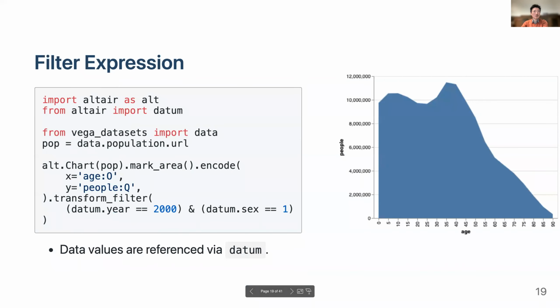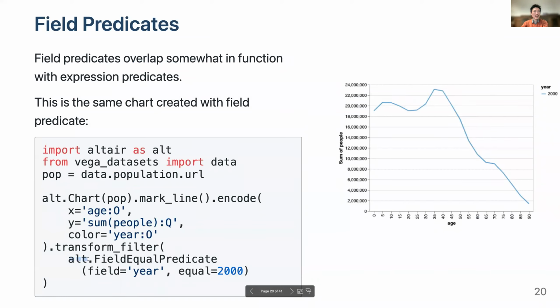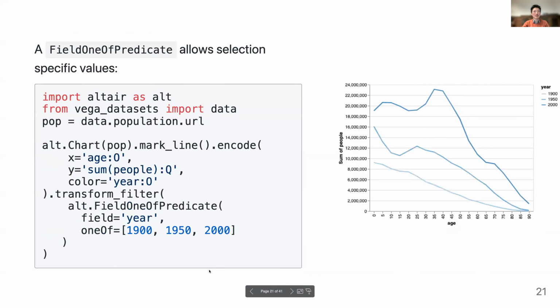Instead of saying transform filter and putting in these two conditions, you can say filter equal predicate. These expressions are called predicates. This says very specifically, only for equal ones. You can say field equal to year and equal to 2000, so that means year equal to 2000.